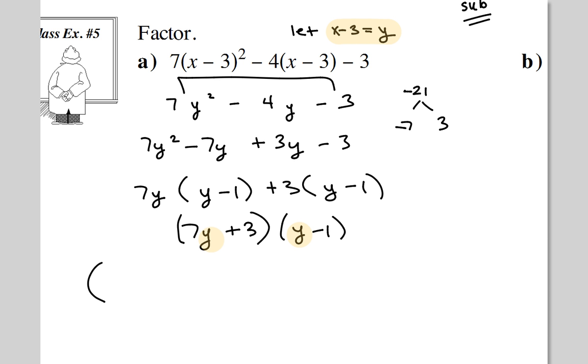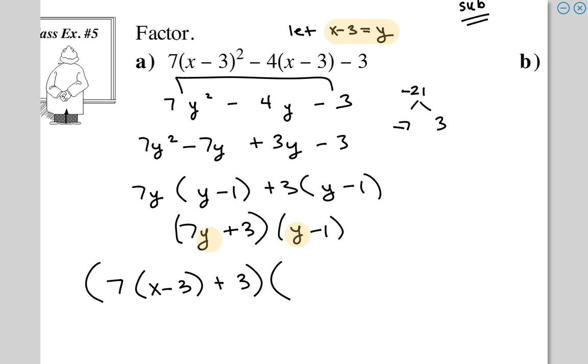Don't be afraid to double up your brackets. 7 bracket x minus 3 bracket plus 3 bracket x minus 3 minus 1 bracket. So wherever I saw a y, I just inserted an x minus 3. The color always helps, I think, big time.